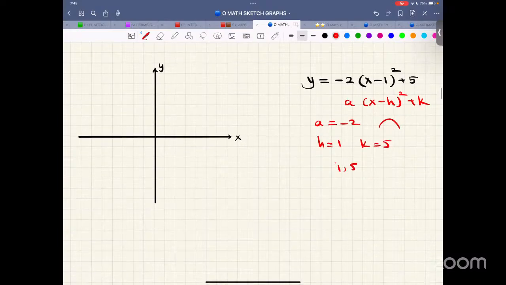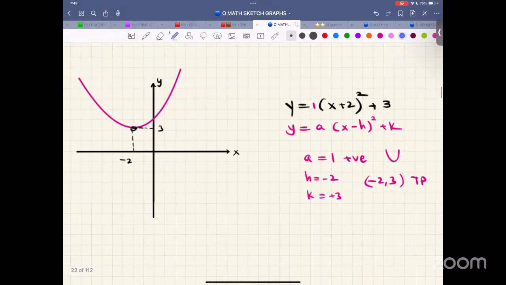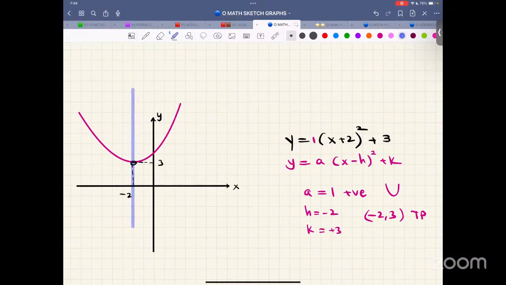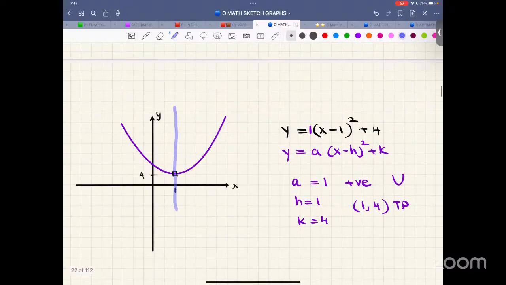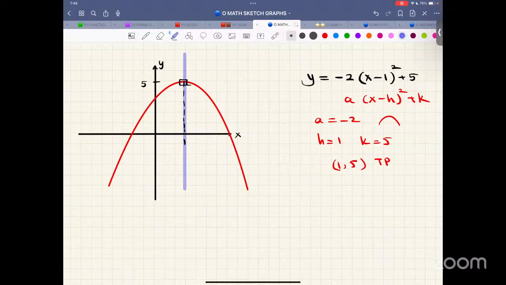So 1 comma 5 is the coordinate of the turning point. And now the graph goes like this. Why it goes like this? Because it is upside down. So this is 1, this is 5. That's the turning point. And of course, if you are interested about the line of symmetry, there it is. If you are interested about the line of symmetry, the turning point is still there. Got the idea? So that's how the graph will look like.